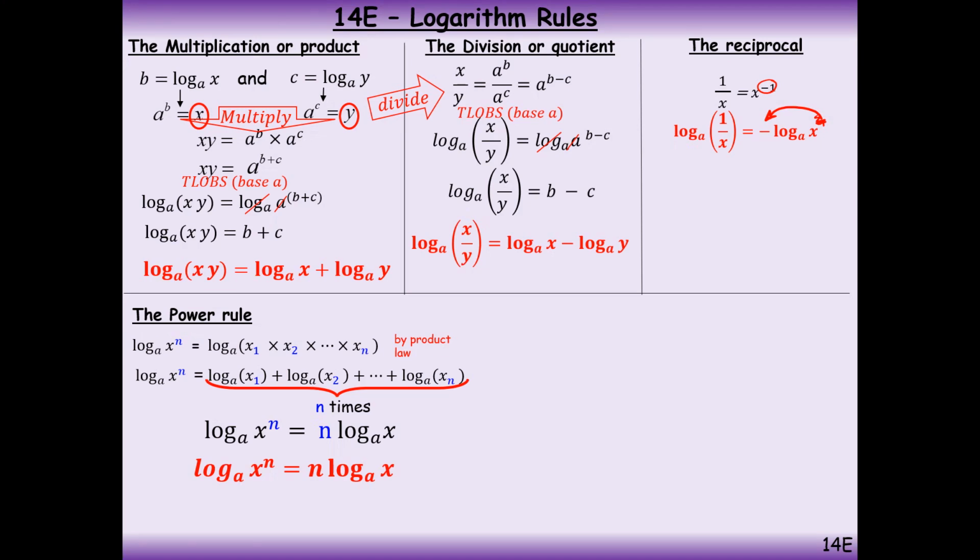So it's just the same thing written again. Sometimes when you see something in the denominator of the log, it's the bit that's got a minus sign on. So it's just like having a one over x here, and we're just taking log of that.